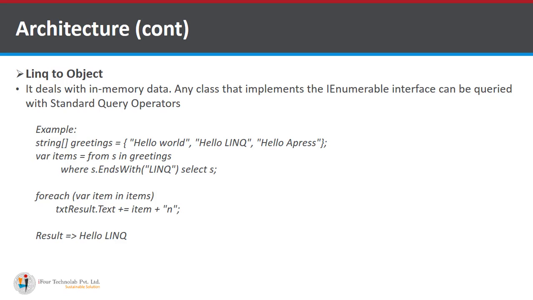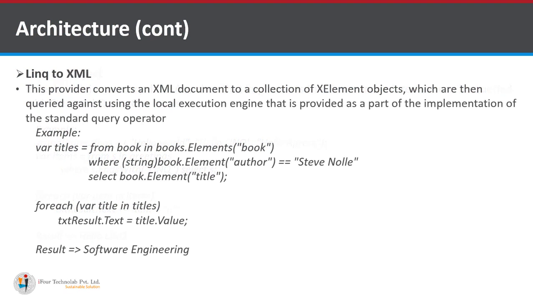So every word which ends with Linq will be fetched, and we can select s. Then we have a foreach loop for the variable item. In the foreach loop we will get our result, and finally we got Hello Linq.